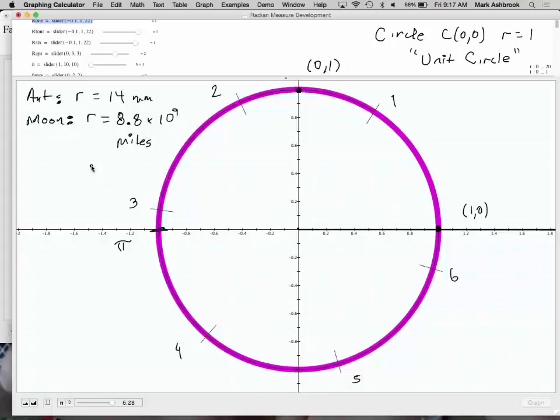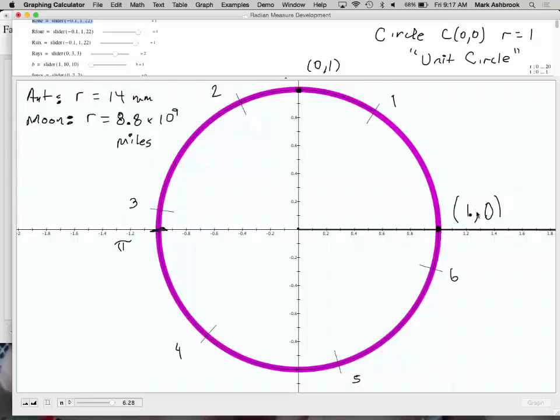Okay? So how can both of those circles be thought of as the unit circle? So what we would ask is, this point here, 1, 0, bigger. How can we think of, say, the circle for the ant?